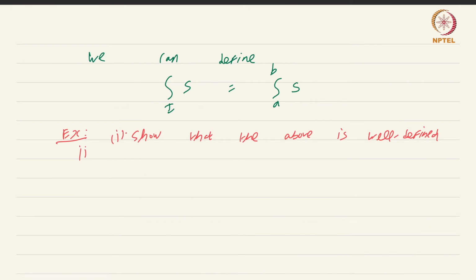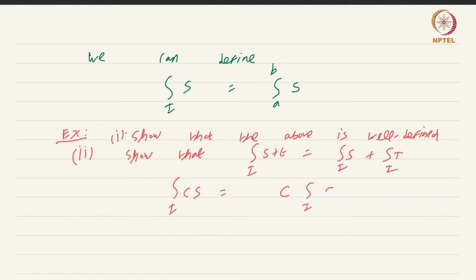Second part, show that the integral of s plus t over I is the integral of s over I plus the integral of t over I, and the integral over I of cs is c times the integral of s over I. And if s is less than or equal to t on I, then the integral over I of s is less than or equal to the integral over I of t.